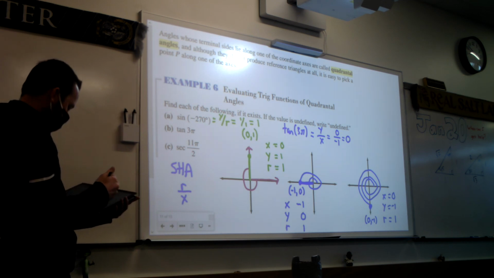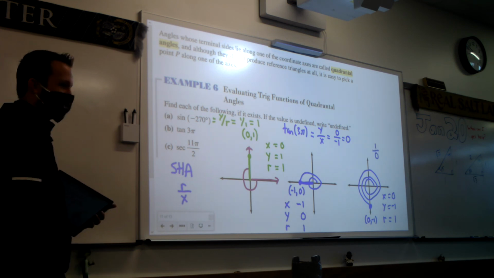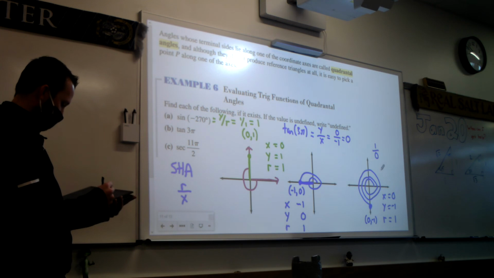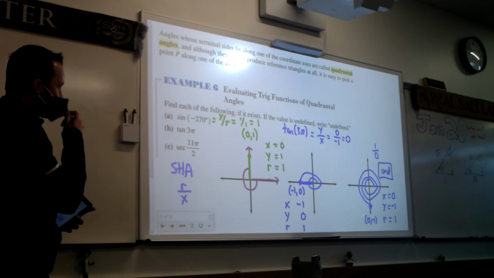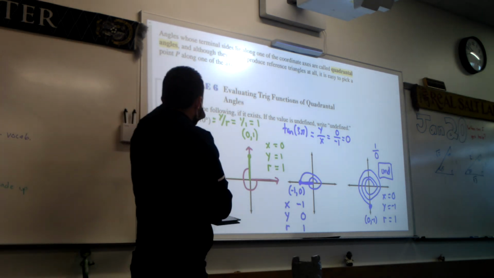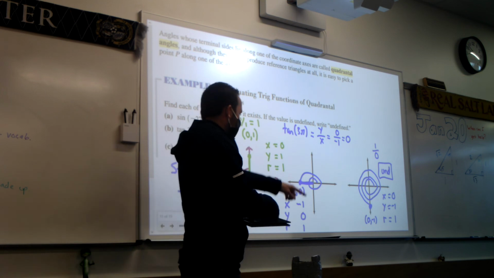But guys, look what happens here when I do r over x. I get 1 over 0. What happens when you divide by 0? Bad things. So we write this as undefined. Sometimes you're going to put in trig ratios and see it's undefined. What that means is it's a quadrantal angle that's dividing by 0.